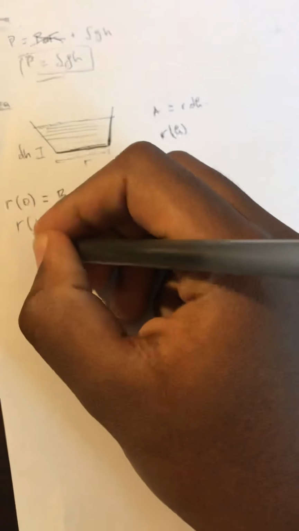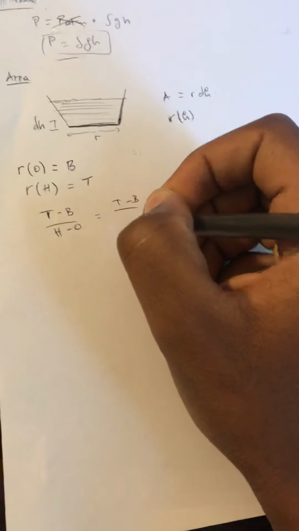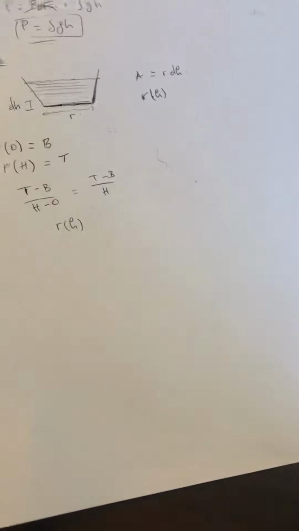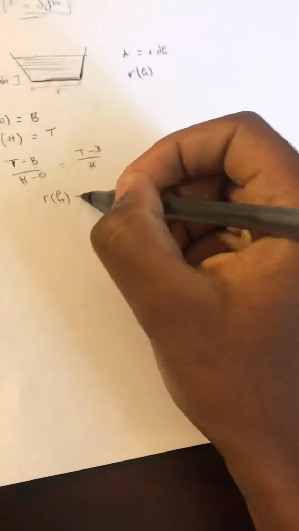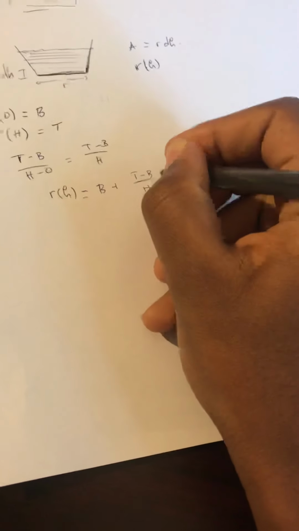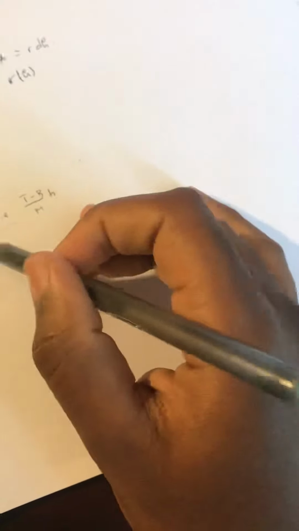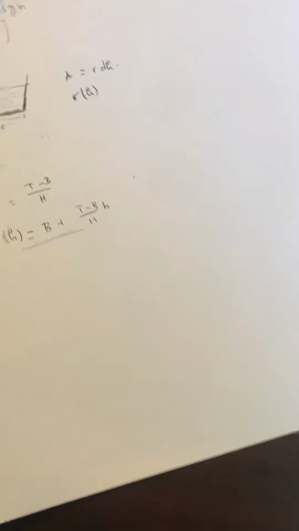Okay, so what ends up happening is since the slope is rise over run, so we got T minus B all over run, H minus 0, which is simply T minus B all over big H. Okay, so now we found our r(h), which is equal to capital B plus T minus B all over capital H. Okay, and now we have got our expression for r(h), the rate that the width is changing according to height.